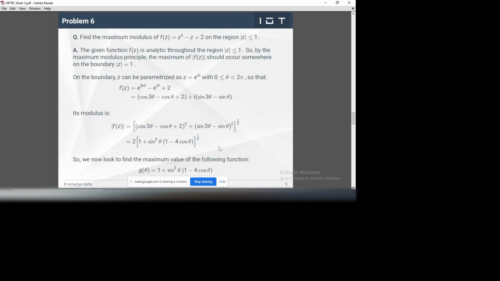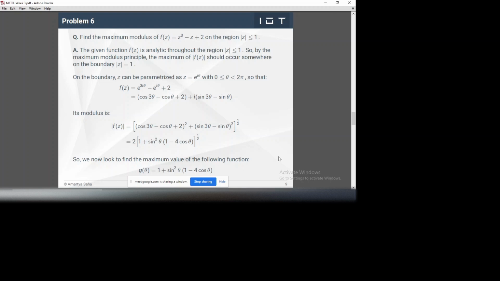So coming back to the conceptual consideration, the modulus is given by this function, as a function of θ. So we have to find the maximum of this function. Root half. So we simply have to find the maximum of this function, 1 plus sin squared θ, 1 minus 4 cos θ. The maximum of this will correspond to the maximum of the modulus.